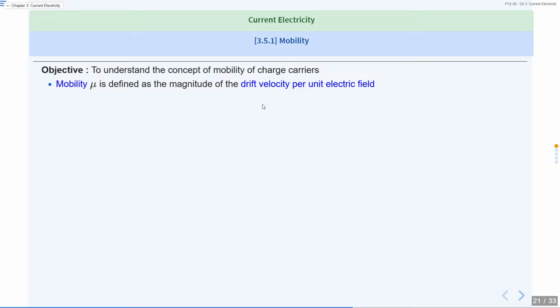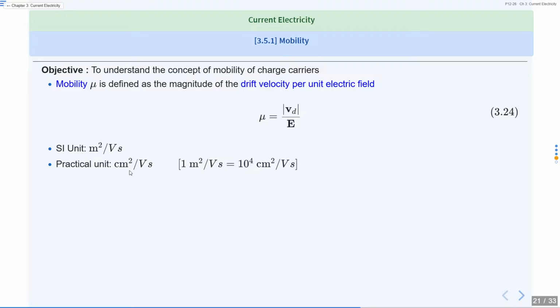It tells us how fast any charged particle will move under the applied electric field, or per unit electric field, how much drift velocity there is for any charged particle. Its SI unit is meter square per volt second, and its practical unit is centimeter square per volt second.